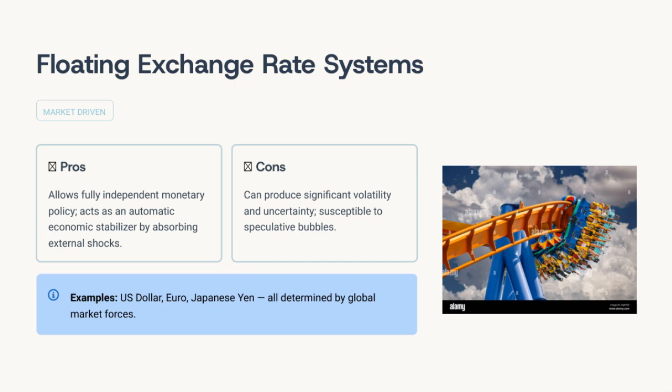So, in summary, while floating exchange rate systems can introduce some volatility and risk, they also offer significant benefits in terms of economic autonomy and stability during external shocks. This balance is a crucial part of understanding how markets and currencies interact in a globalized economy.